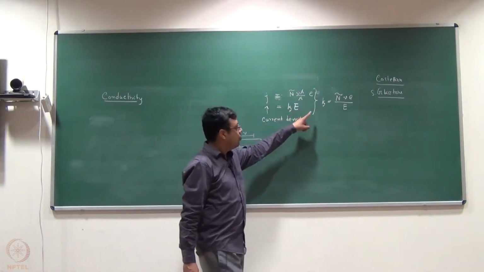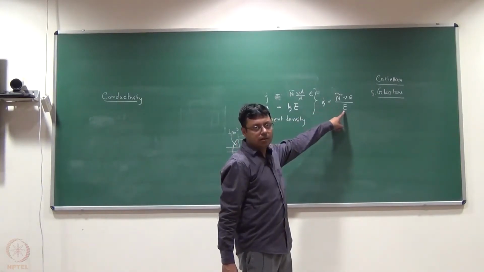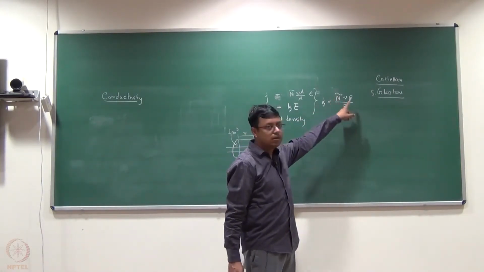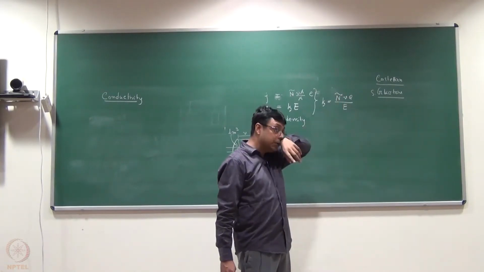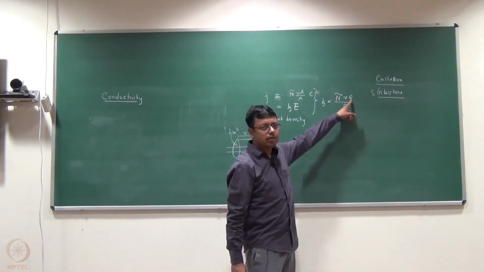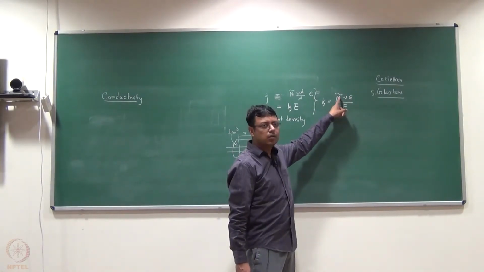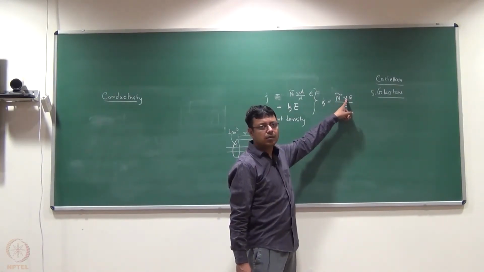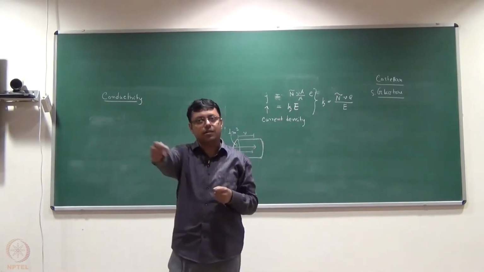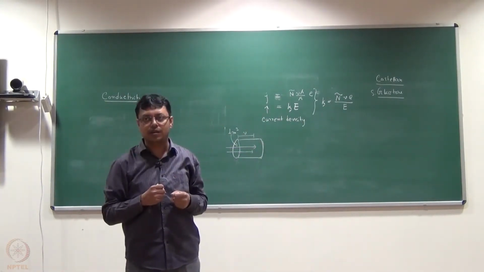Now we see that this is proportional to 1 over E, but kappa should not depend on E. Which means within this, I'll have something which also depends on E. Now e is the electric charge, which is fundamental. Density is also constant. The only thing is that velocity is a proportional thing. If I have a gradient, the velocity is also linearly proportional to the electric field.